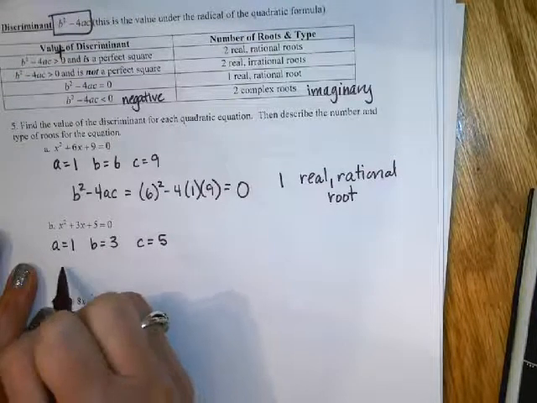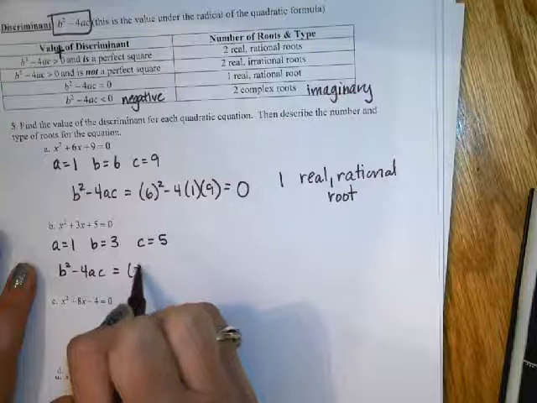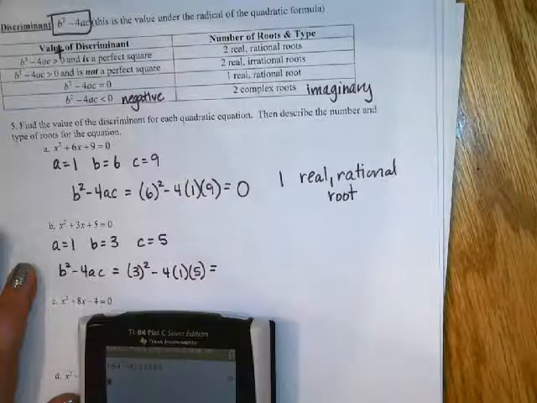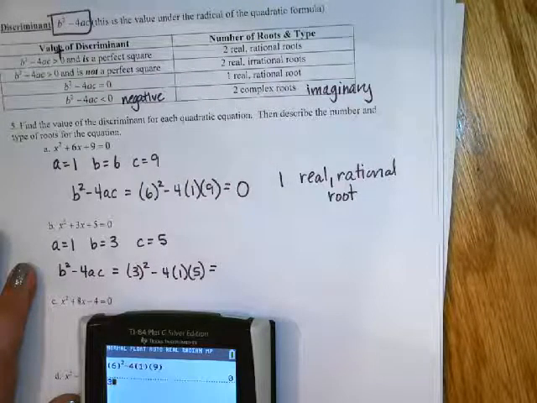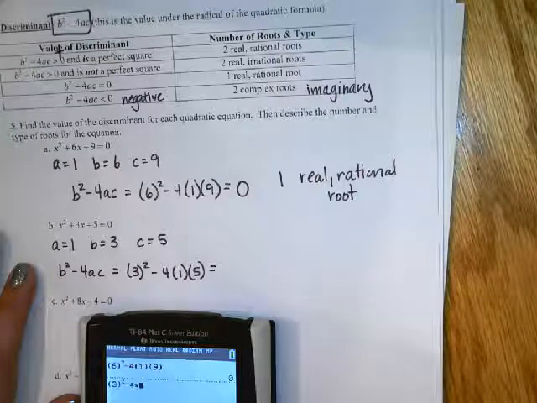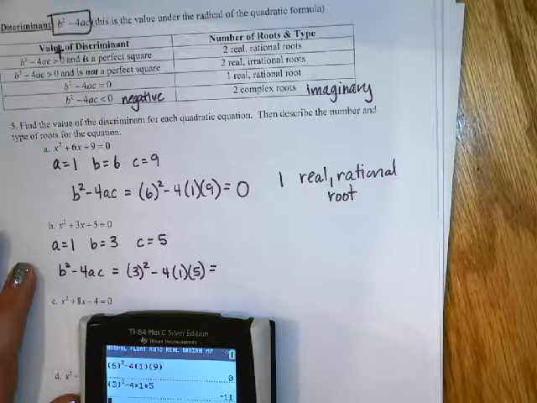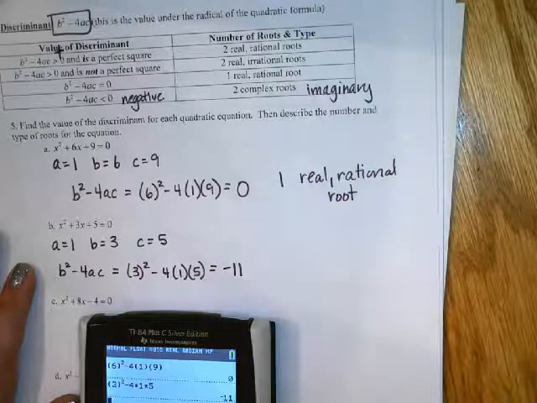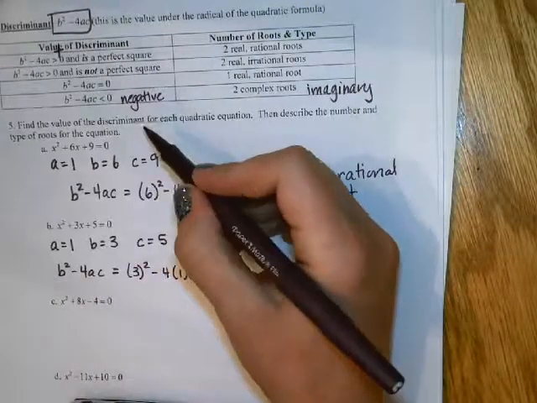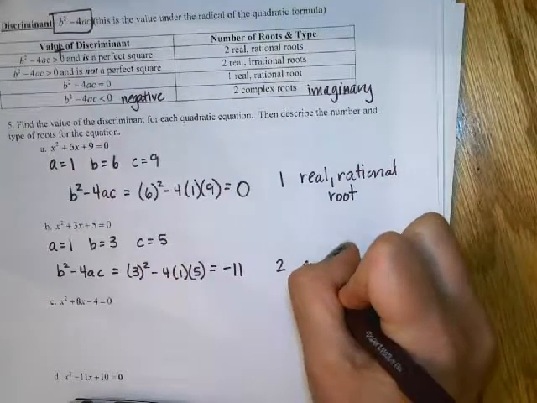All right. b squared minus 4ac, 3 squared minus 4 times 1 times 5. Negative 11. He's negative. It doesn't matter whether he's a perfect square or not. As long as he's negative, I get 2 complex roots.